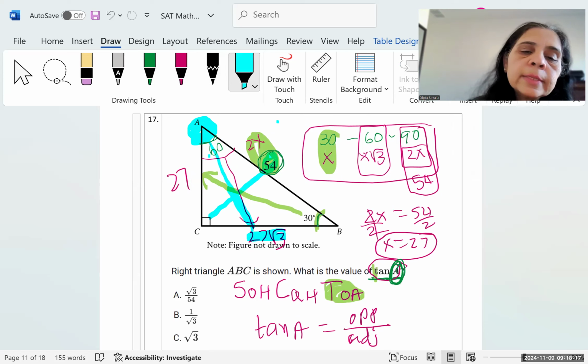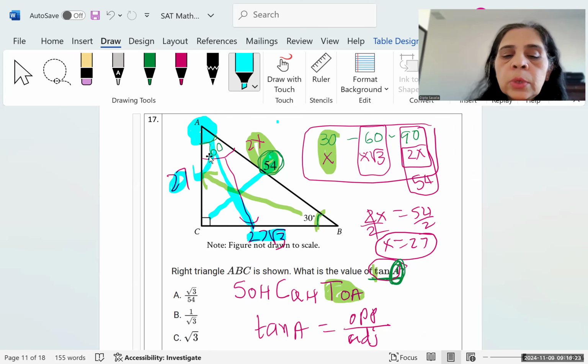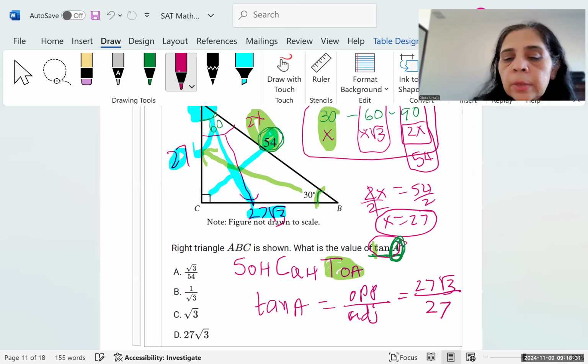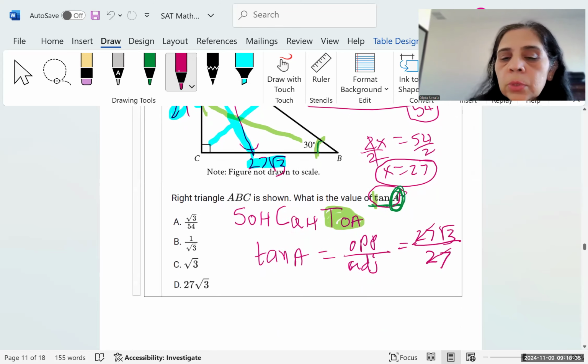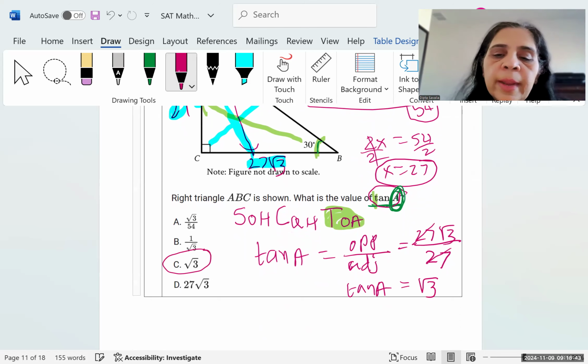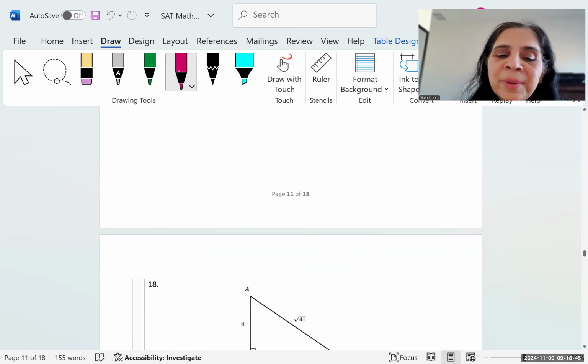Now, what is adjacent? Adjacent is the side closest to angle A, which is 27. So the opposite is 27 square root 3 and the adjacent is 27. We can cancel the 27, so tangent A equals square root 3. All right, so remember SOHCAHTOA.